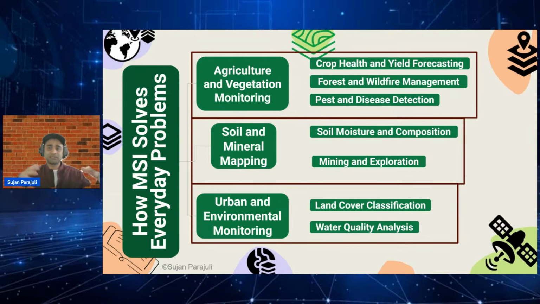We have different indices for different purposes. For vegetation we use NDVI, the vegetation index, whereas for water, to see whether the water is polluted or not, we use the chlorophyll index. Same for mineral mapping, and for fire detection we use NBR, the normalized burn ratio, and so forth.